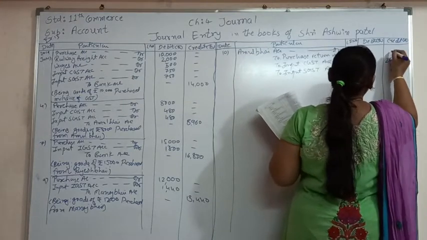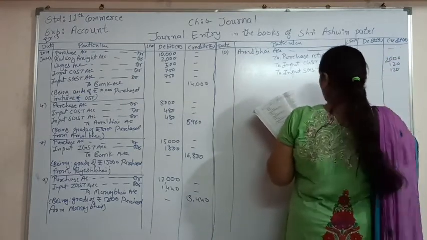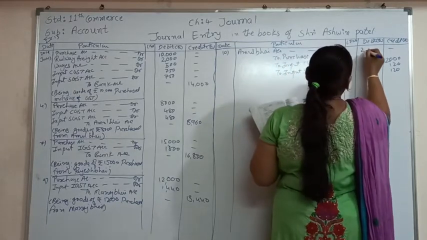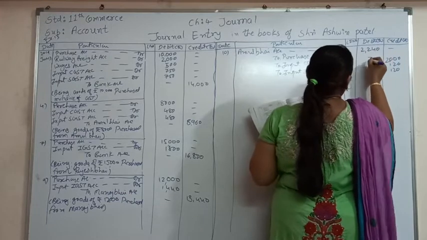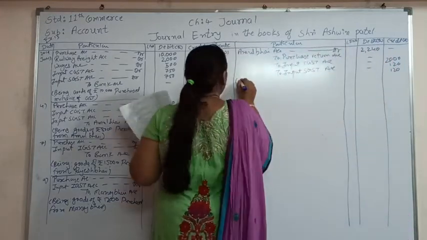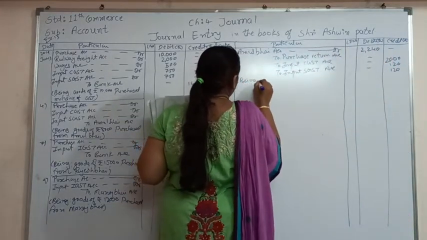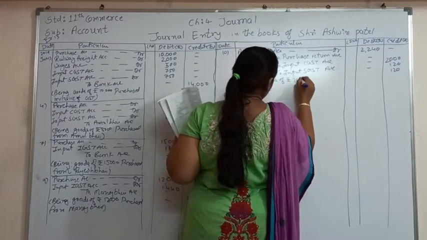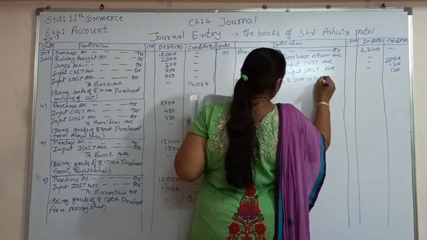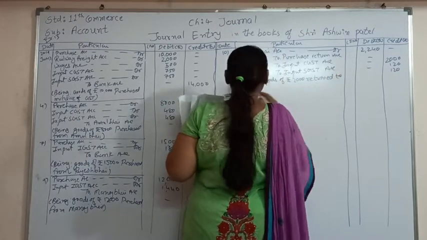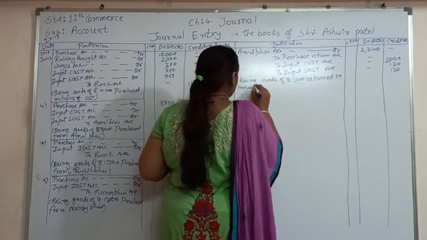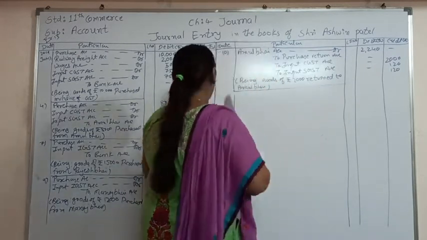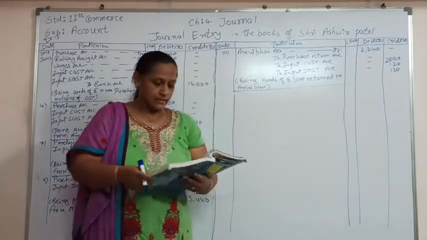So the total amount that is going to be debit to the Amul Bhai account, it will be 2,240. So that is being goods of rupees 2,000 returned to Amul Bhai. So for that, now let's see the next transaction.